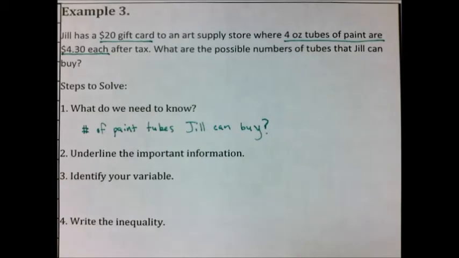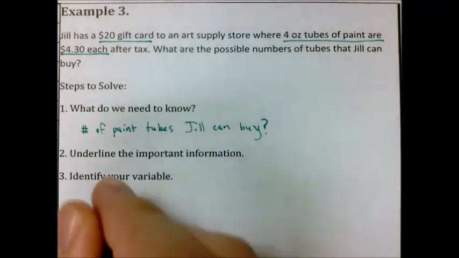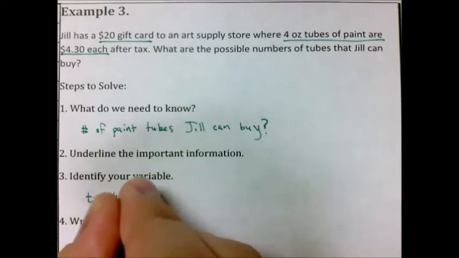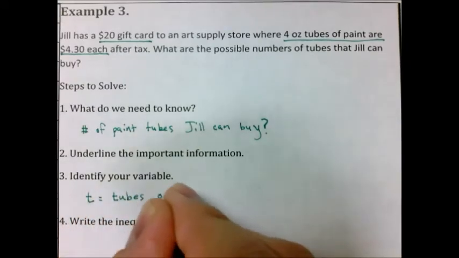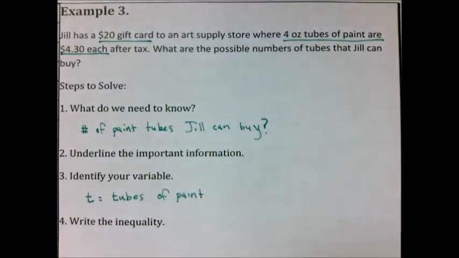Okay, so all we have to do now is identify a variable. The thing that's unknown is how many tubes she bought. So we're going to say t is equal to the tubes of paint. And now we can form an inequality. With her $20 gift card, she is not going to spend more than, it could be equal to that $20 gift card, right?